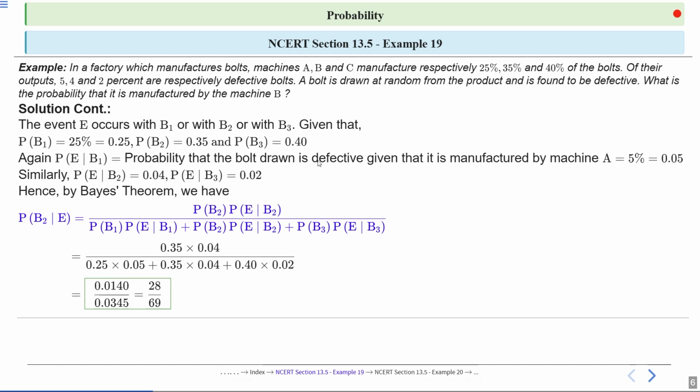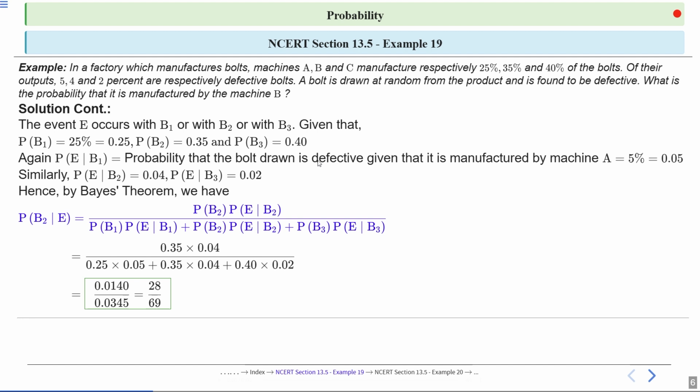After simplifying, the numerator will become 0.0140 and the denominator will become 0.0345. After further simplifying, we will get 28 divided by 69. So probability of B2 given E equals 28 divided by 69.